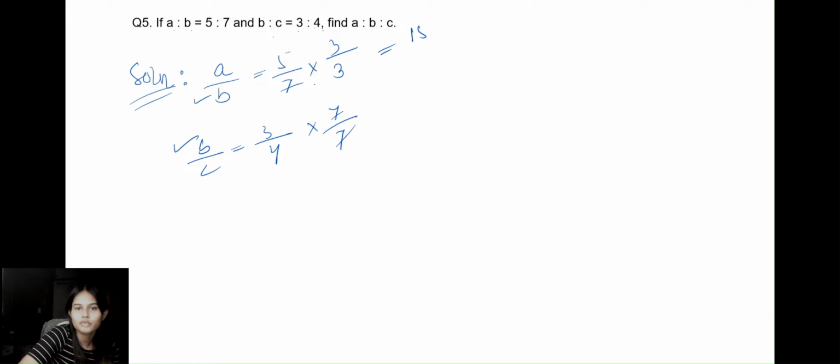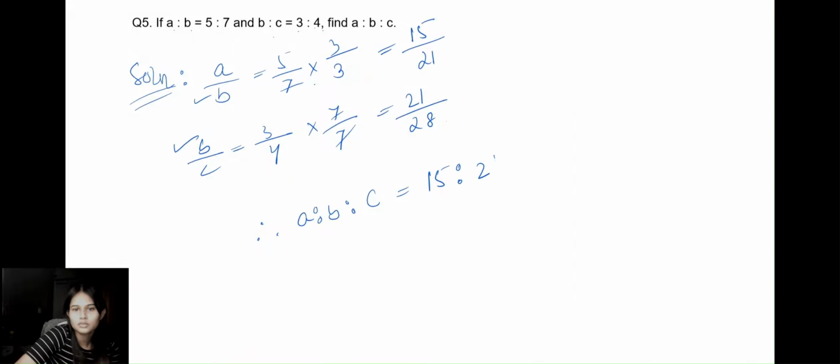That will come 5 3s are 15 divided by 21. 7 3s are 21 divided by 28. Therefore, A colon B colon C is nothing but 15 colon 21 colon 28. This is the final answer.